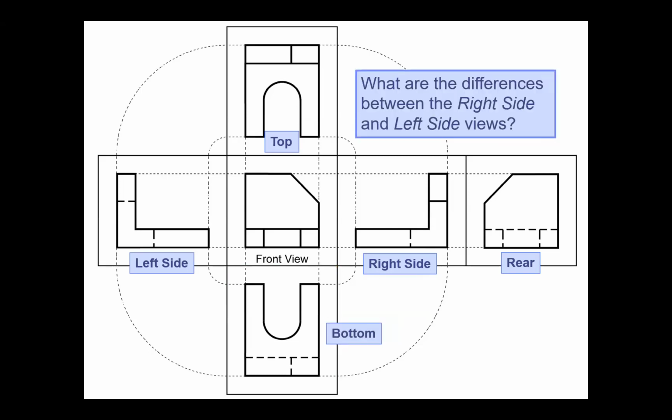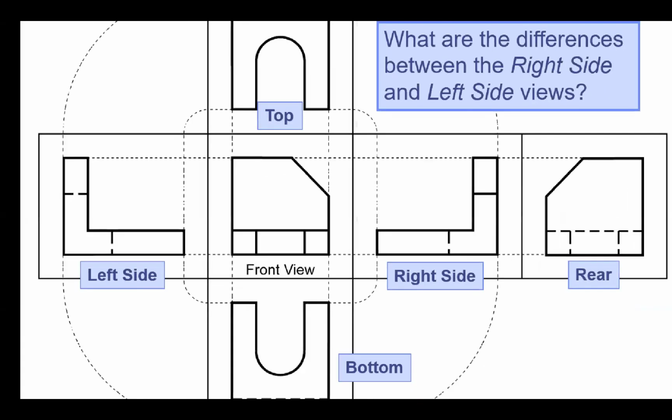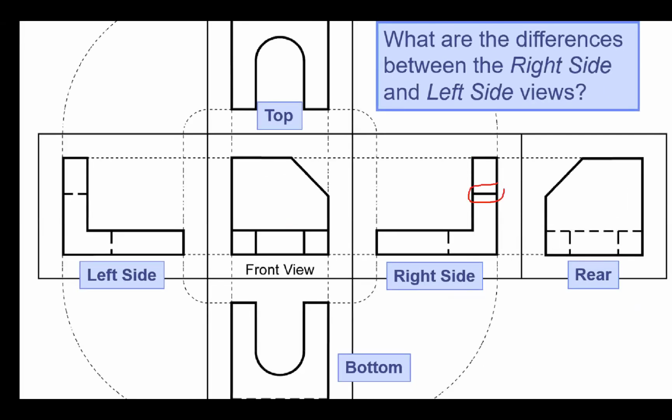So when you look at this, what's the difference between the left side and the right side? That's true, but if you look at them really close, what are some specific details? Yeah, it's the difference between this line and the way they're turned, right?